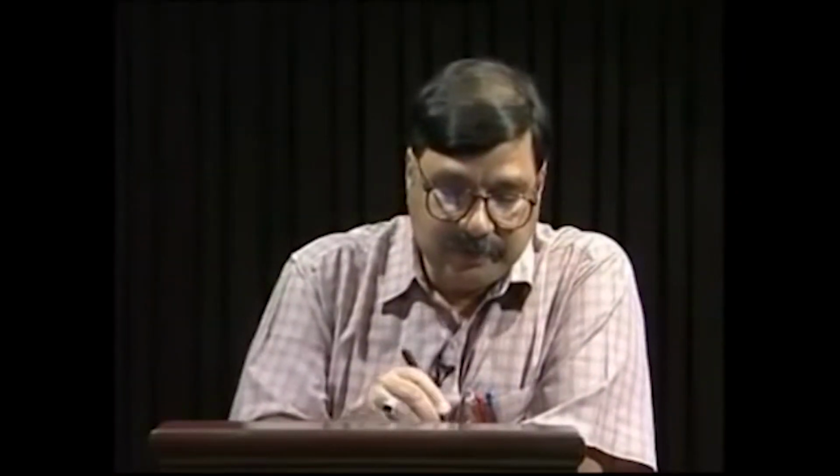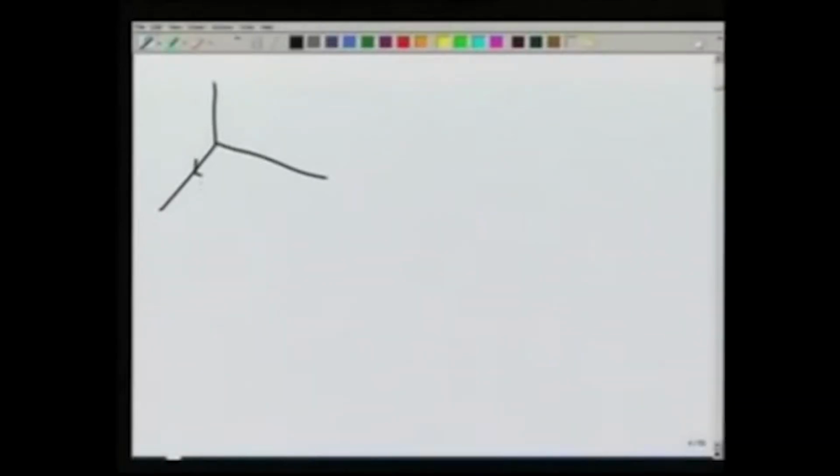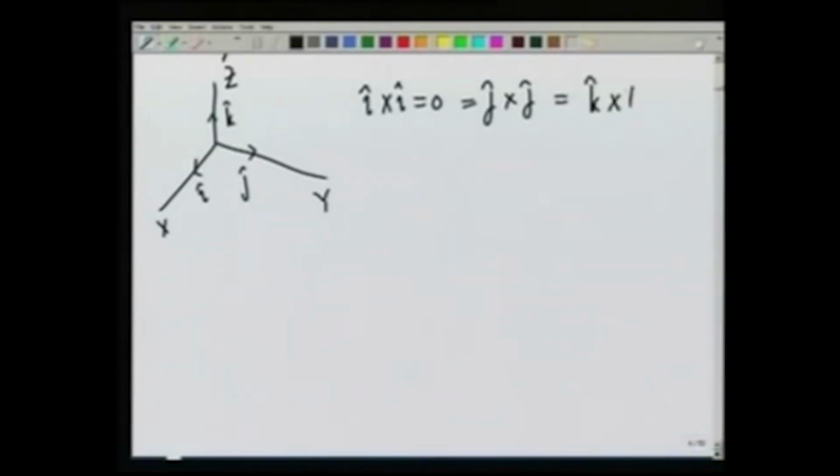In particular, if I look at the unit vectors i, j and k in x, y and z direction, then i cross i is 0, and so is j cross j, because the angle between them is 0, and so is k cross k.